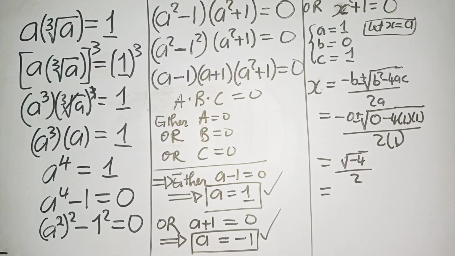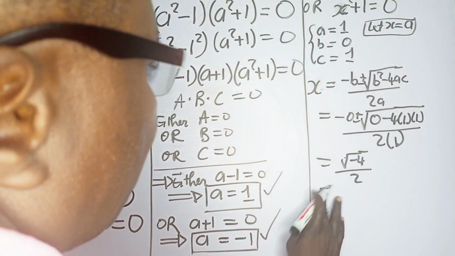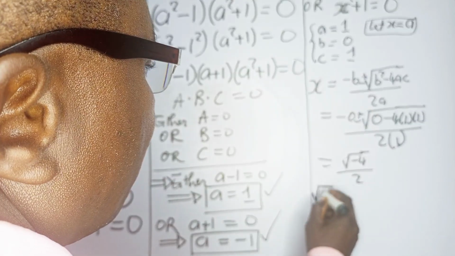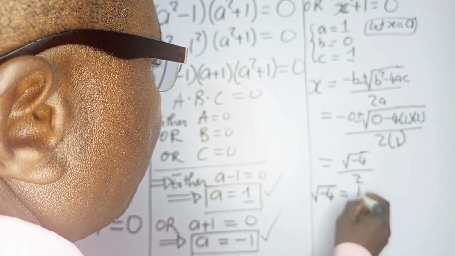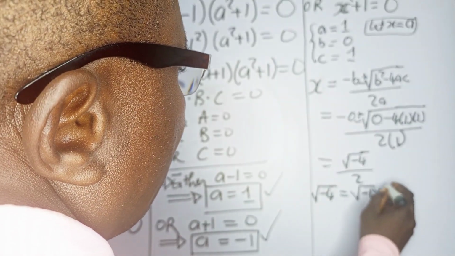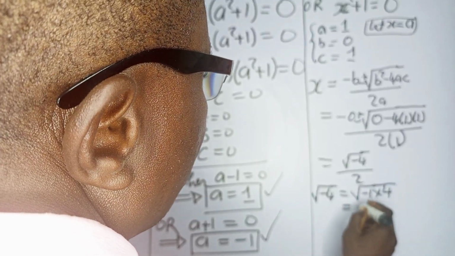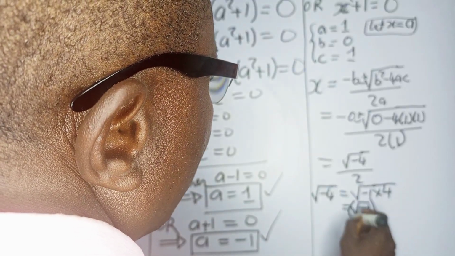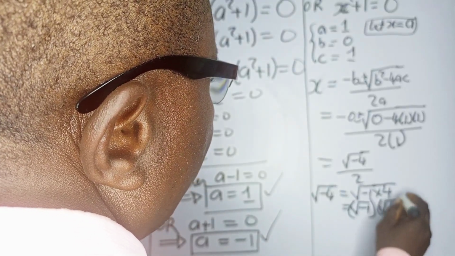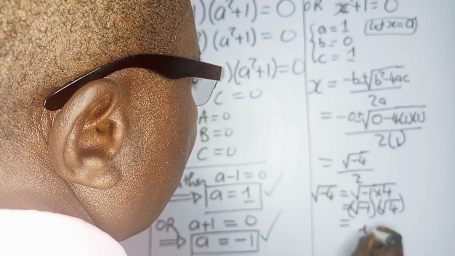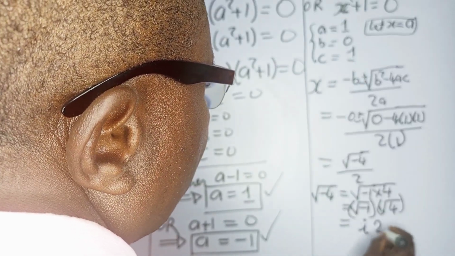Now what is the root of negative 4? The root of negative 4 is the root of negative 1 times 4, which is the root of negative 1 multiplied by the root of 4. The root of negative 1 is i, and the root of 4 is 2.